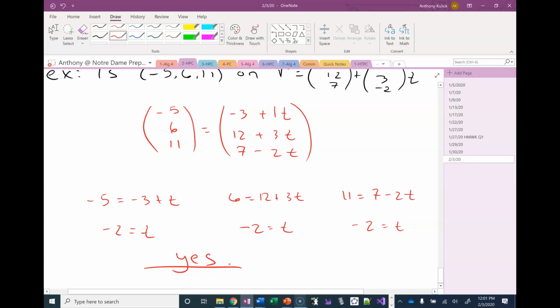And since we have the same value for t in each of the 3 situations, obviously that point lies on the vector, or on the line, right?